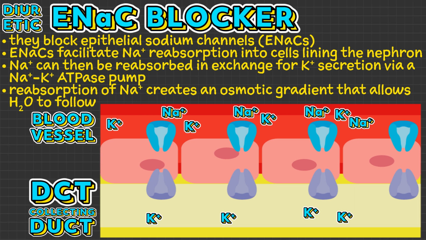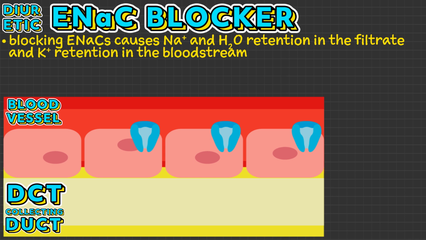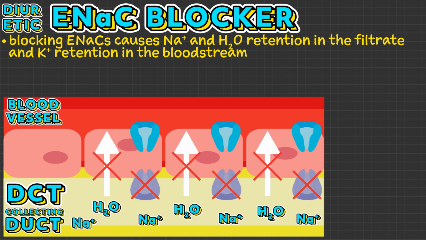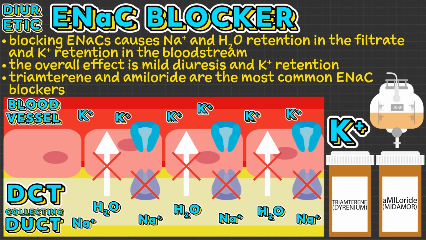The reabsorption of sodium creates an osmotic gradient that allows water to follow. However, when ENaCs are blocked, it causes sodium and water retention in the filtrate and potassium retention in the bloodstream. The overall effect is mild diuresis and potassium retention. Triamterene and amiloride are the most commonly used epithelial sodium channel blockers.